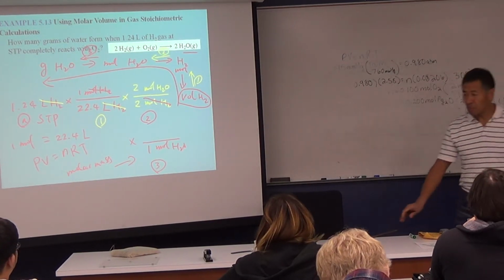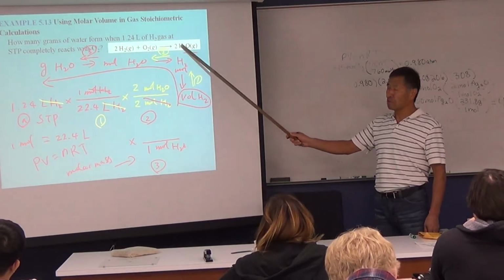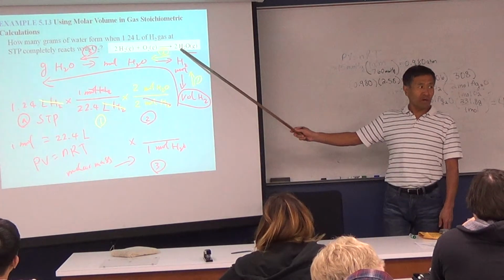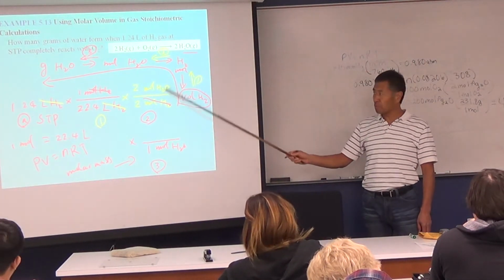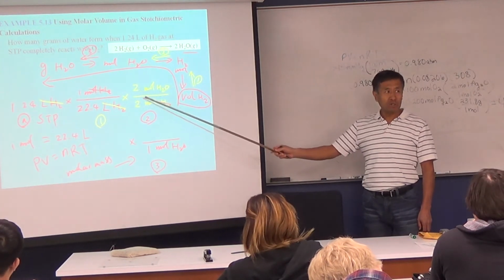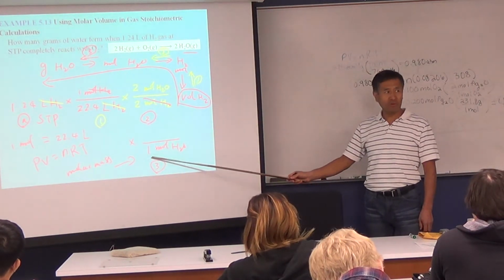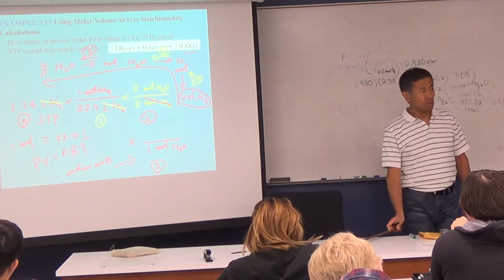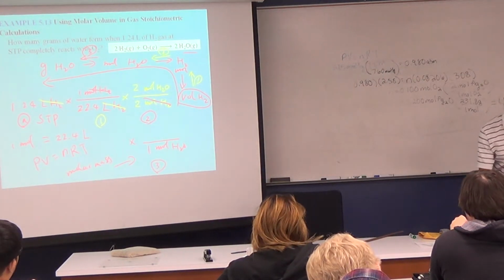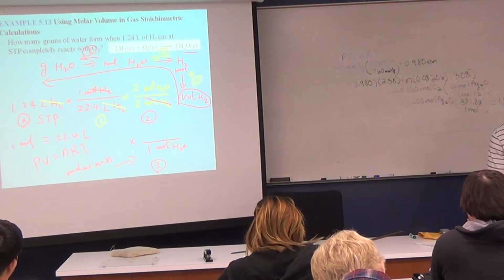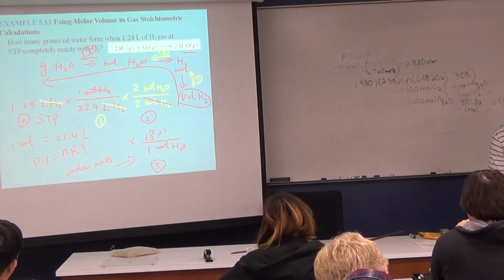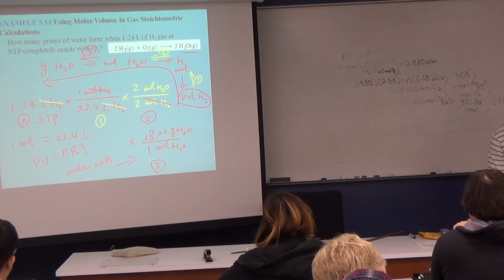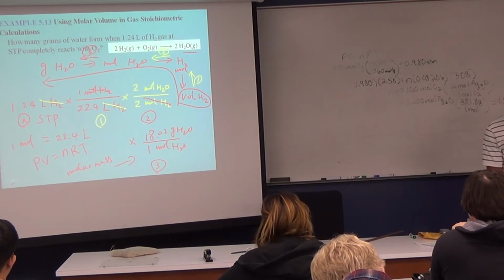So even though in the coefficient, I mean in the balanced equation you have this 2 here, you already used that 2 information. You already put this 2 here, right? So for this part, this comes from the molar mass, you don't reuse that 2. And you know how to get the molar mass of H2O will be 18.02 grams of H2O. Right?